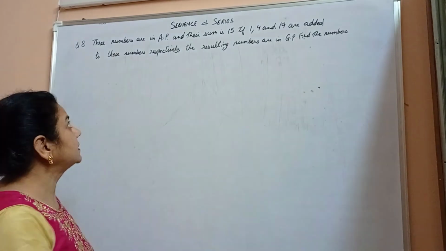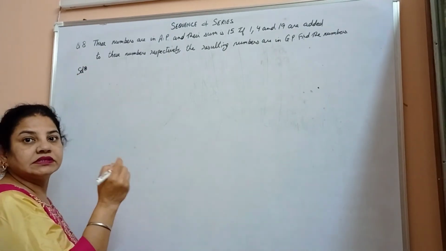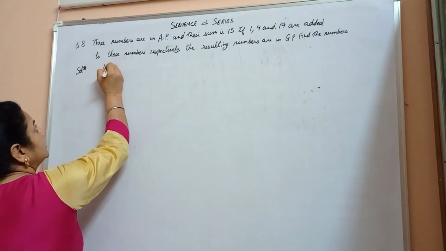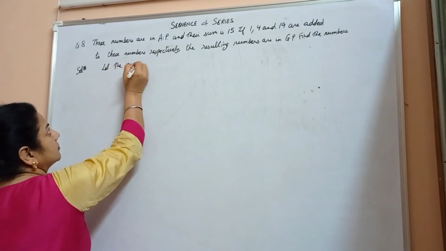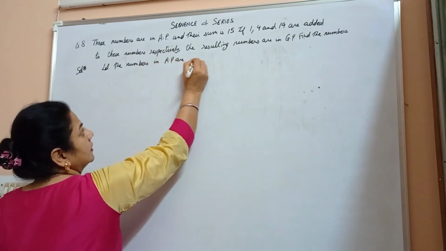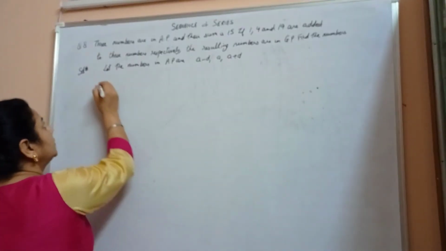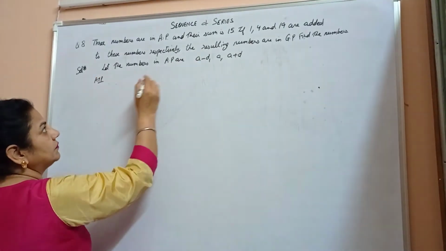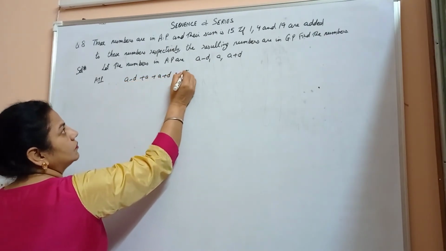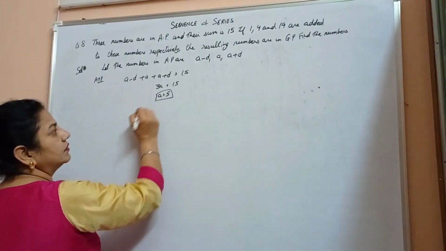Let the numbers in AP be A minus D, A and A plus D. According to the problem, the sum is 15, so A minus D plus A plus A plus D is equal to 15. That means 3A is equal to 15, so A is equal to 5. The middle term is 5.